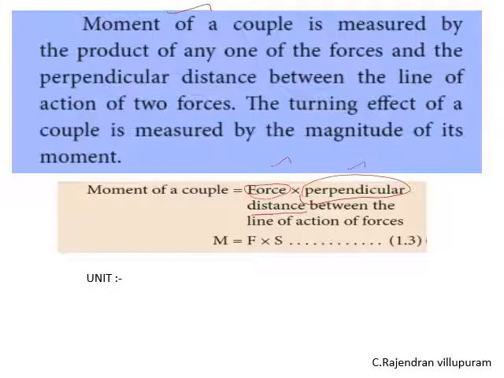So M is equal to F into S. Then what is its unit? The unit is the same as the moment of the force, because here also it is F into S, so that is Newton meter.